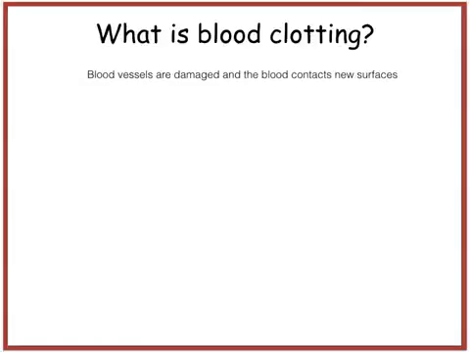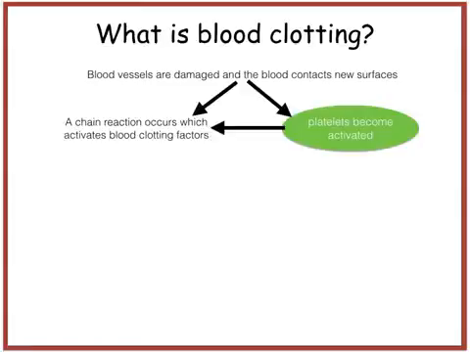Normally blood vessel walls are smooth. When a blood vessel is cut, the platelets bump into the rough edges of the cut and react by releasing a chemical. The damaged tissue around the blood vessel also releases chemicals. In the blood plasma, there's a soluble protein called fibrinogen.